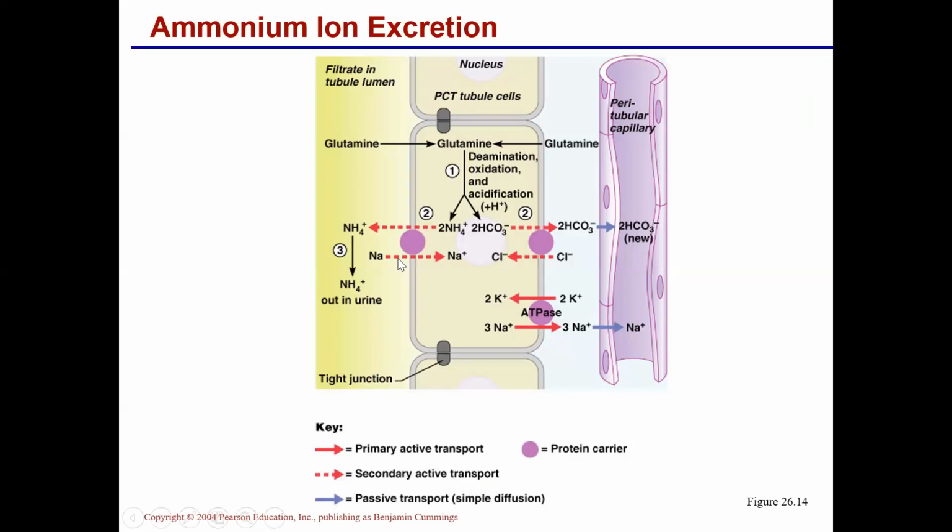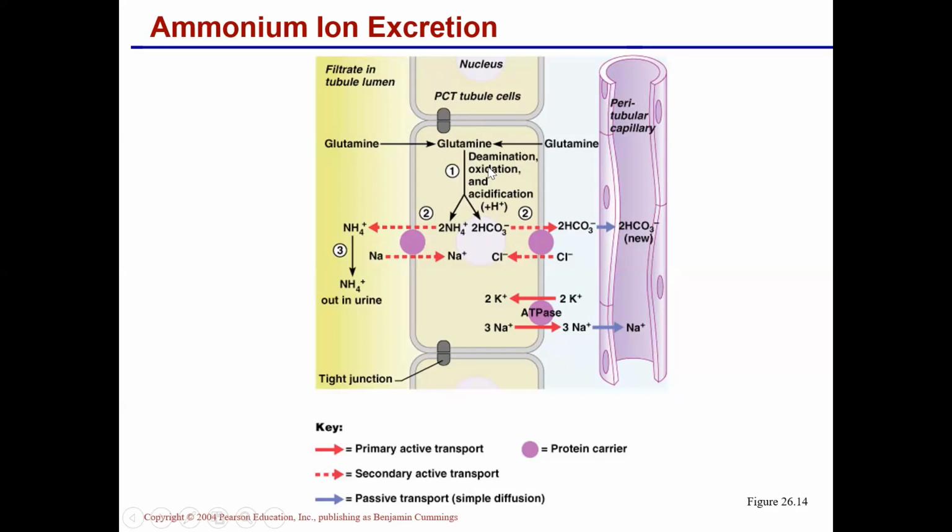Inside the PCT, there is a chemical called glutamine. Each glutamine can split up to form 2 ammonium ions and 2 bicarbonate ions. So this bicarbonate ion is a new product from breaking down glutamine.